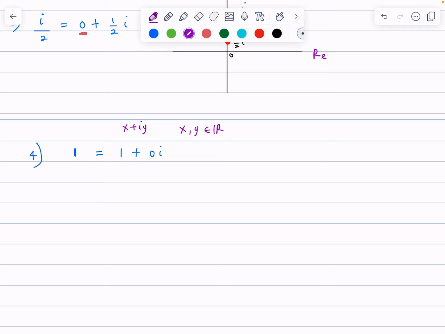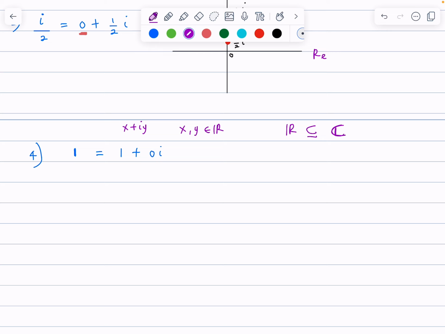So basically all real numbers are complex numbers.